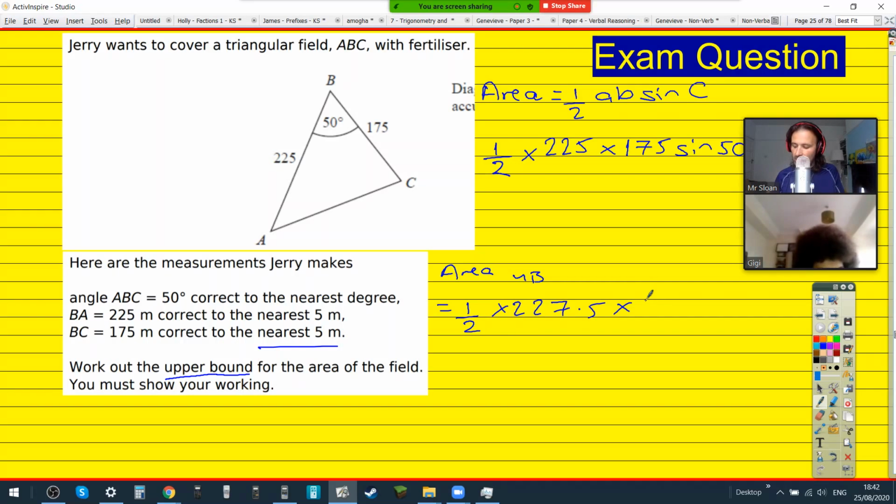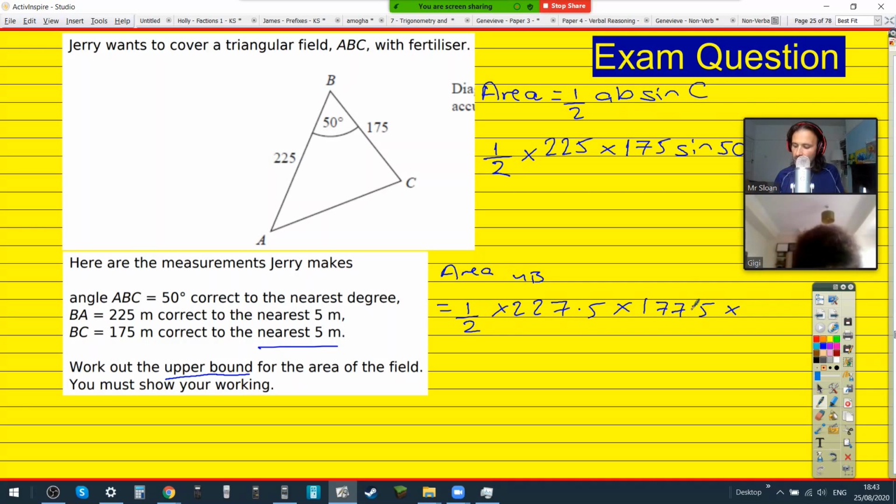Go on. I'm just filling in the calculator. Times 177.5, well done. Times sine 50.